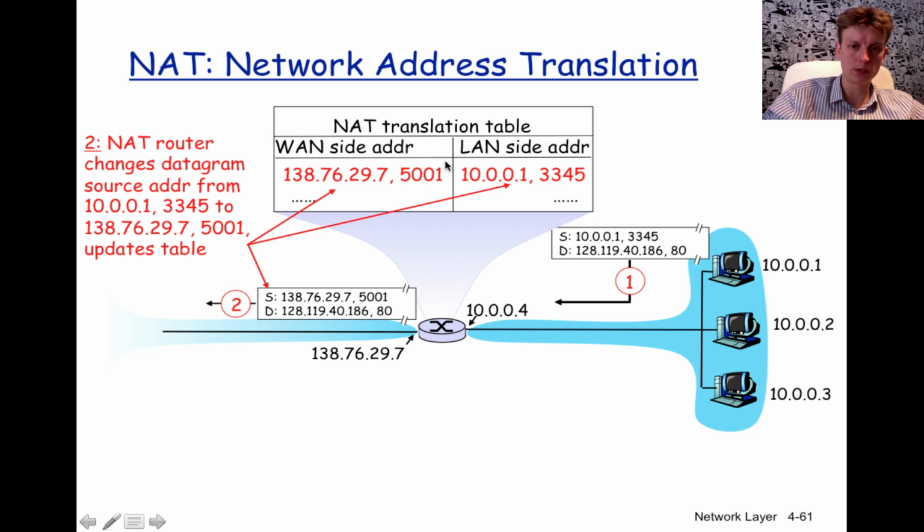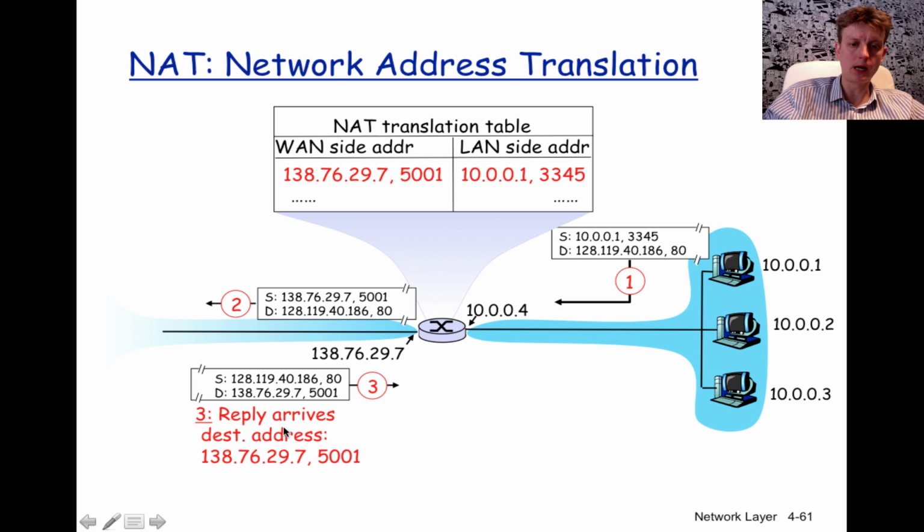Port numbers in our case will be the key by which the network address translation router will search and find the corresponding row on the way back, as I will show you shortly.